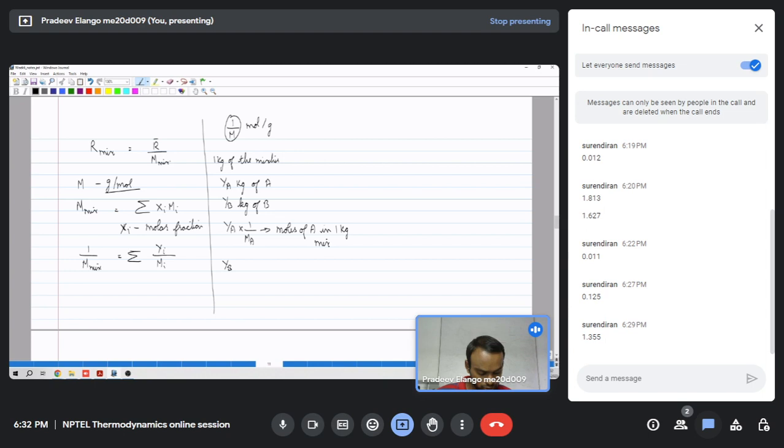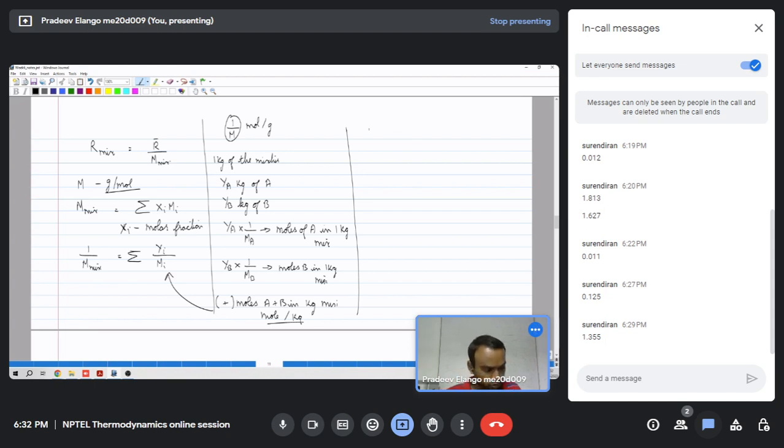Similarly, yb into 1 by mb will give moles of B in 1 kg of mixture. Now if you add these two, you will get the moles of A plus B in 1 kg of mixture. So that is again mole per kg. Now if we take the inverse, we will get gram per mole of the mixture. So that is how we got this.